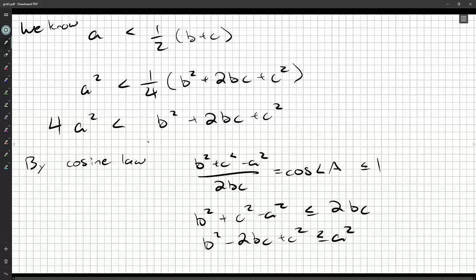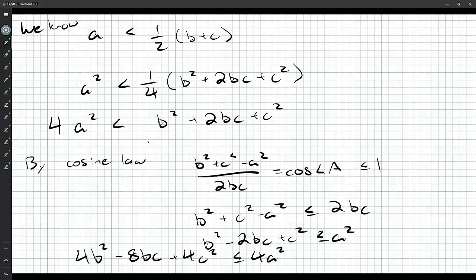So what if we multiplied this by 4 to get 4a squared? So we'd have 4b squared minus 8bc plus 4c squared is less than or equal to 4a squared. Combine the two and maybe something will help, or maybe not combine the two.